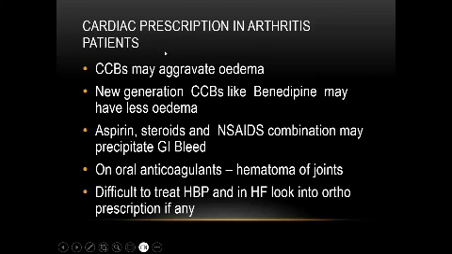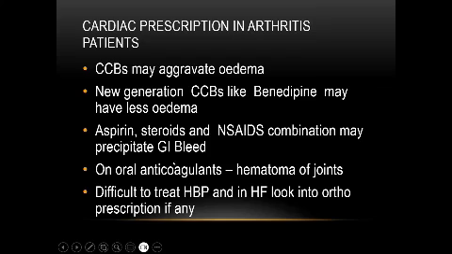So in a patient with arthritis, your CCB is already there. The knees and the joints are swelling, and the CCB aggravates the edema, but in those situations, you can use the newer calcium channel blocker, benidipine. Aspirin and steroid NSAID combination may produce GI bleed. So when the patient is already on aspirin, make sure the patient is not on a very high dose of steroid and NSAID for arthritis.